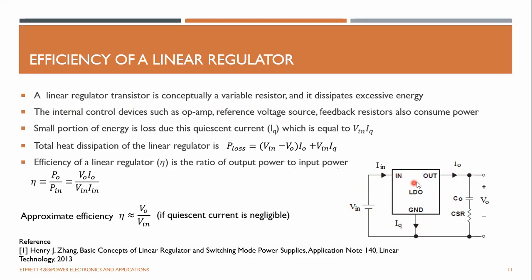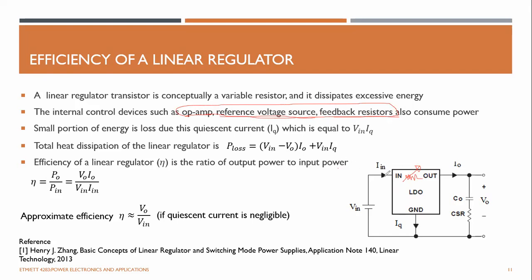Internally, it has this variable resistor, or your series pass device. It dissipates the energy by adjusting its resistance. That is the fundamental component. You have this variable resistor, but you have also seen some control devices such as op-amps, a reference source, and feedback resistors. Your control circuit also requires some sort of power, right?